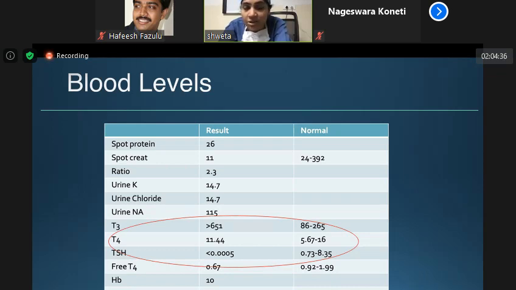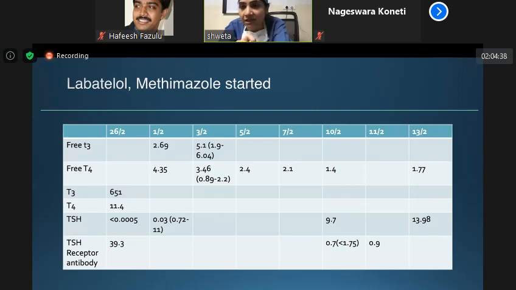So unless you pick up these subtle little findings, there is a good chance that you may just label them as ventricular dysfunction, cardiomyopathies, and then eventually just treat them with conventional medicines. So we also did the free T3 because that is the hallmark. Whenever you find T3, T4 elevated, you have to document by free T3 and T4 levels, which were significantly elevated.